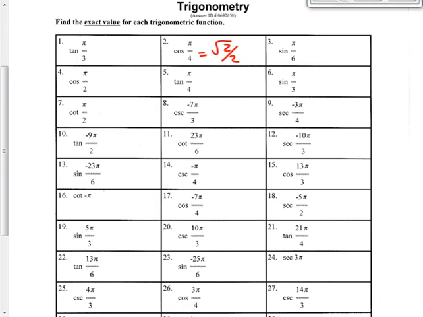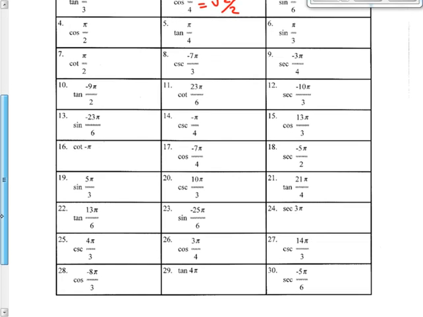Ultimately, what we end up getting here is a situation where we have tangents. You need to remember that we tried to fill in some of those things for tangents. Cotangents are the reciprocals of the tangents, and so again, what we're looking for are things on the unit circle.